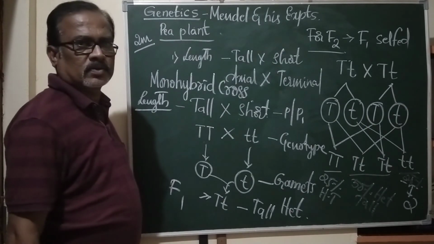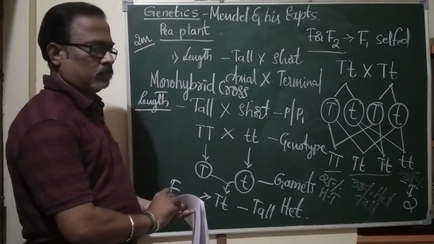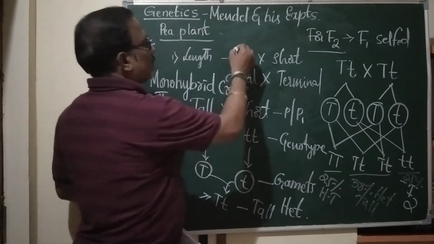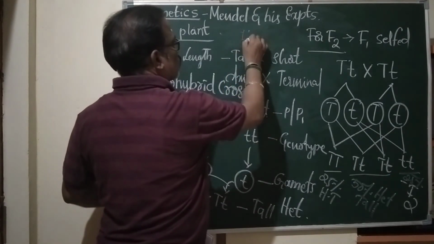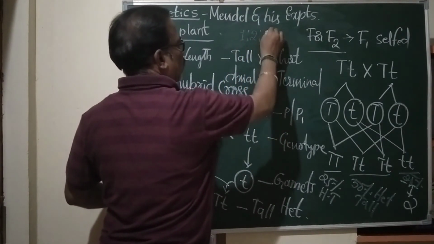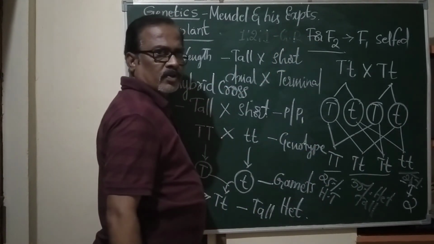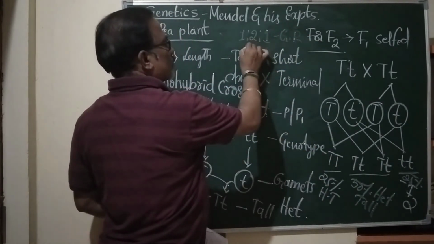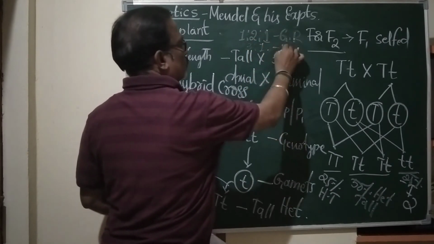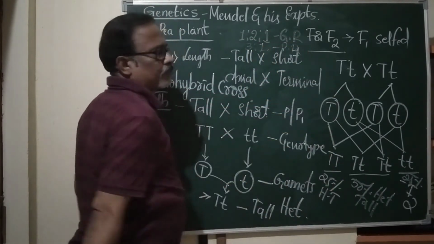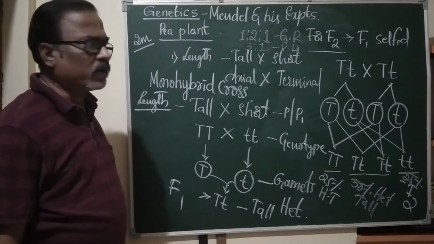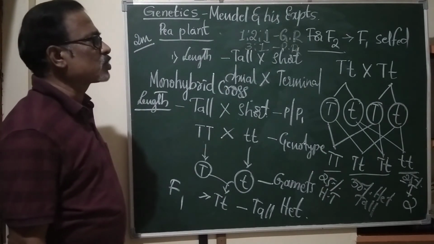So the ratio, genotypically it is 1:2:1. This is the genotypic ratio. Phenotypically the ratio is 3:1.